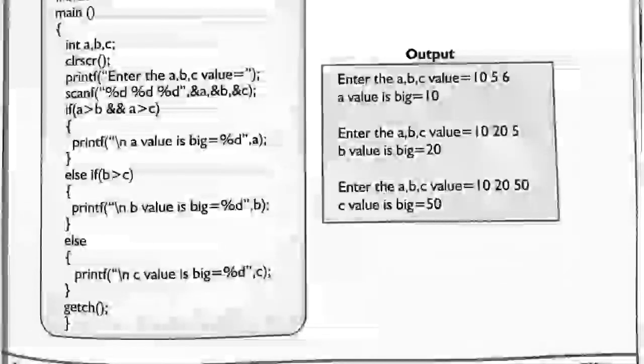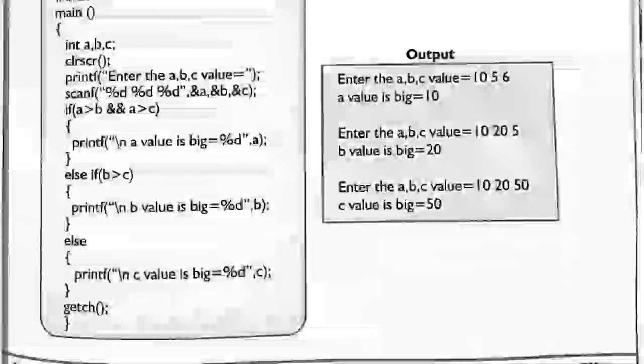So a greater than b and a greater than c. Here you can see that two conditions are being checked. The condition must be true to execute the code below. Else if b is greater than c, then that statement will be executed, or else the c statement will be executed.